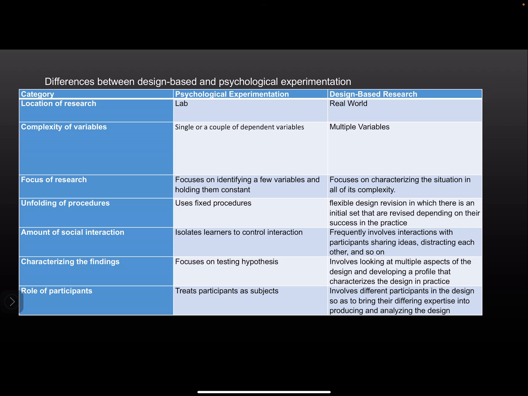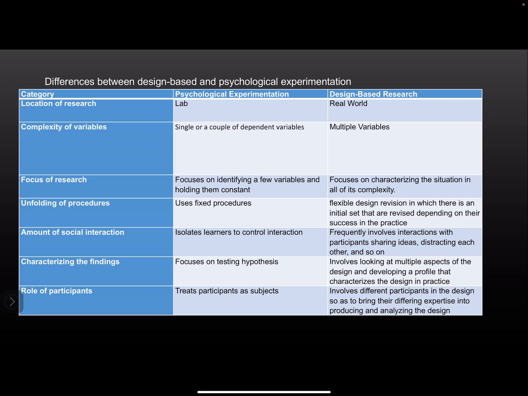Some differences between design-based and psychological experimentation. The location of research: in psychological experimentation, the research is conducted in laboratory settings, whereas in design-based research, it occurs in the buzzing, blooming confusion of real-life settings where most of the learning actually does occur.